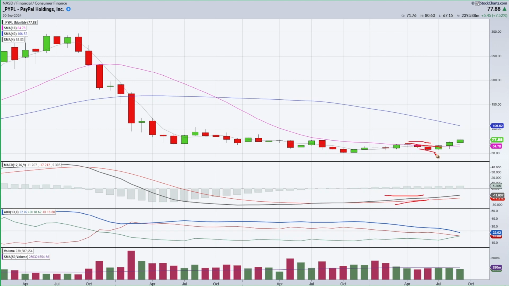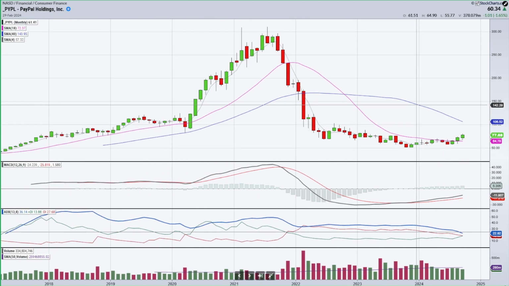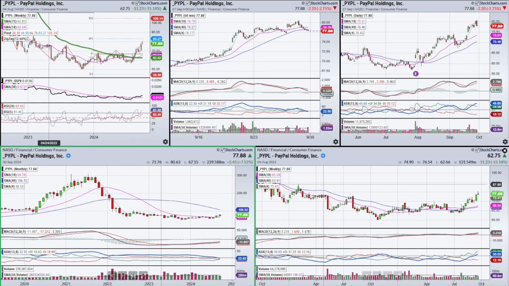It's another pattern from my courses. And when we see this happening, where MACD is holding while price is right in the area of the 18 MA, we want to be on alert, because any move back above the 18 MA likely means that we're headed into the next resistance zone. In this case, I think it's up around 100. So we have that kind of in our back pocket.